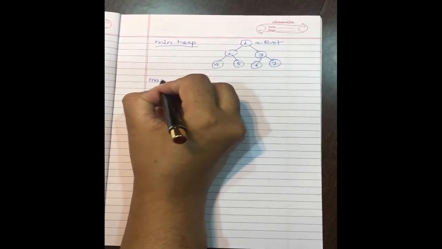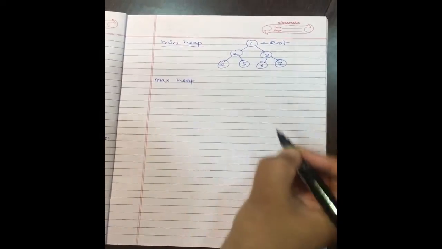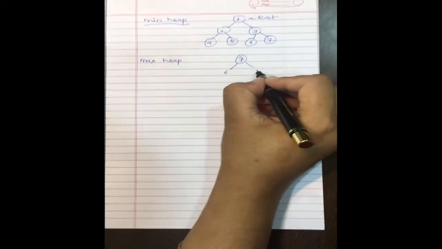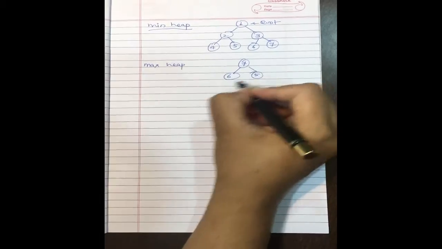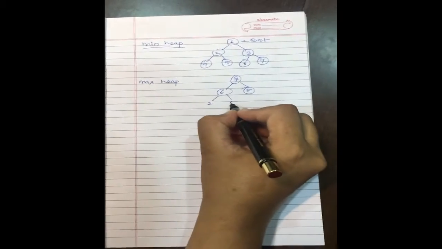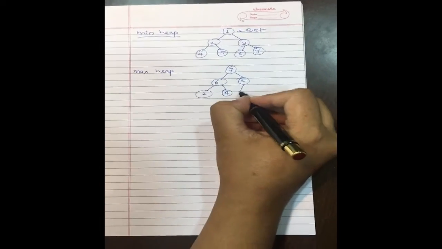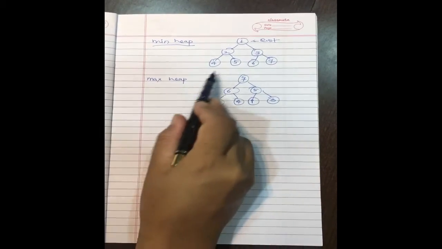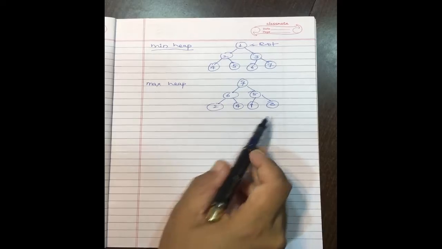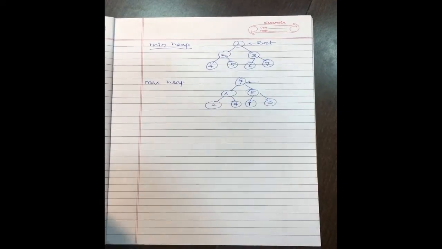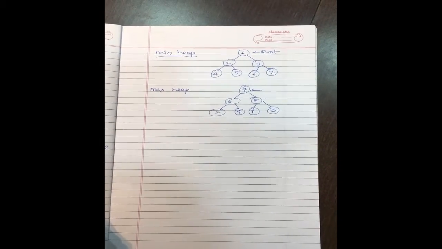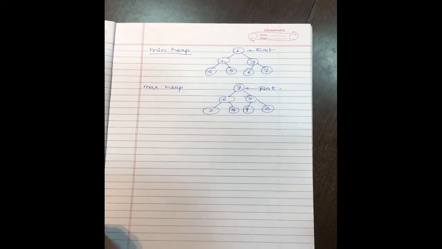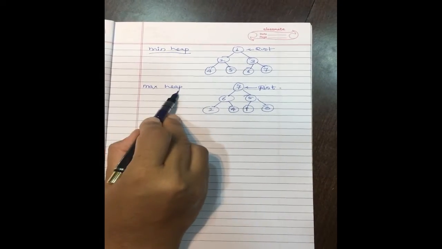And max heap data structure is exactly opposite to this. So you can say like 6, 5, 2, 4, 1, 3. So here you can see from all these numbers 7 is the maximum one and it is situated at the root position, so this is called max heap.